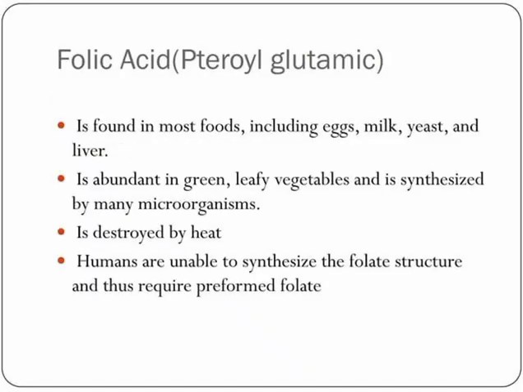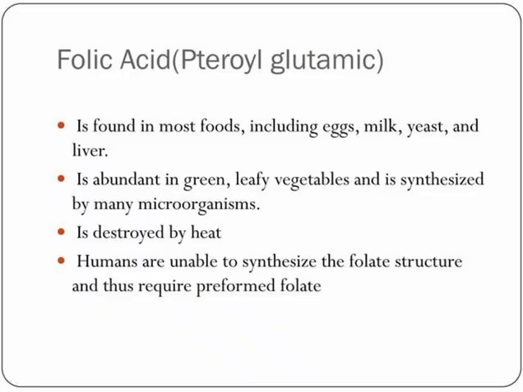Next will be folic acid. Folic acid is pteroylglutamic acid, which is the synthetic form of vitamin B9, commonly found in fortified foods and supplements, and naturally present mainly in eggs, milk, yeast and liver.